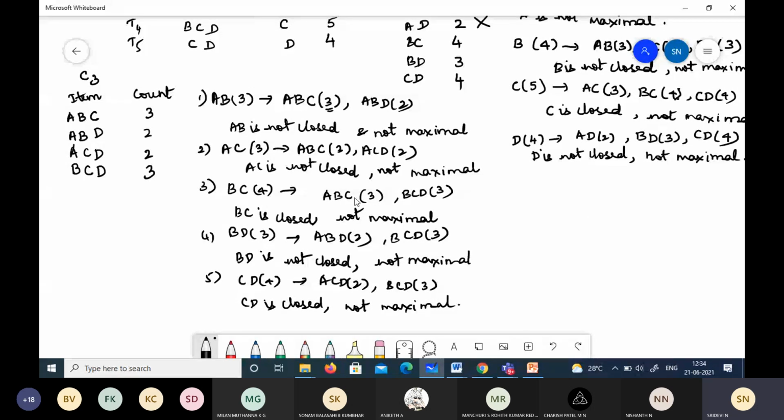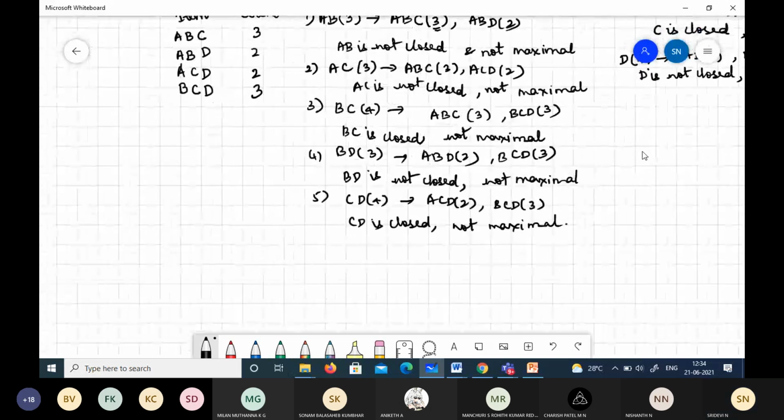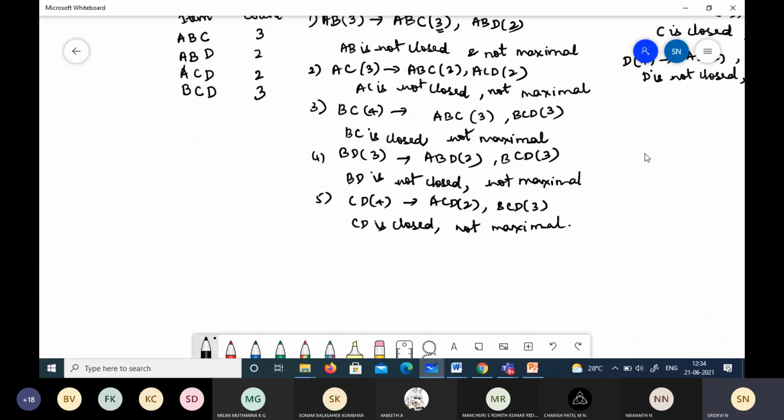Now, if we move on to the next, if we consider 4 items. As you know, these two we will not consider, isn't it?